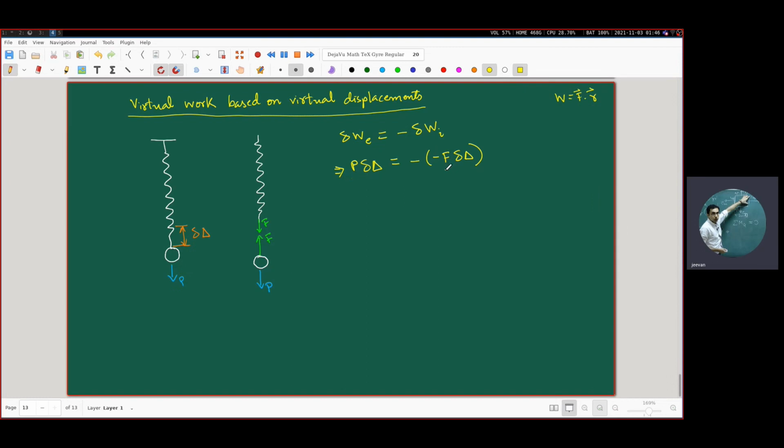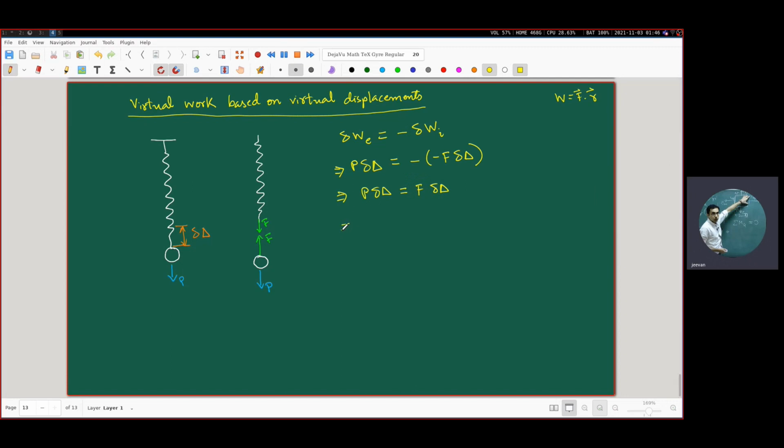But this internal force F, this green colored internal force F, when it is being multiplied with the del delta, it is with a minus sign because this F is upward and this del delta is downward. Okay, that is why this minus is here. So overall, we end up with P del delta is equal to F del delta.